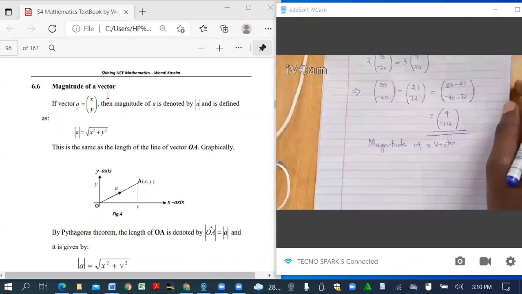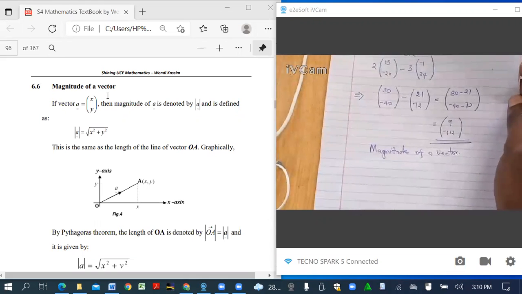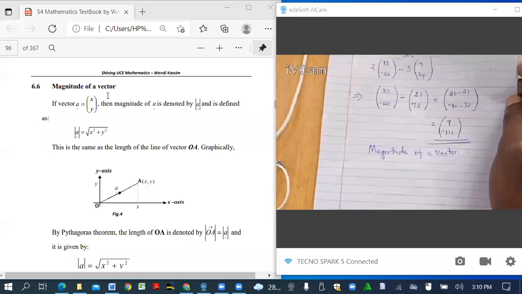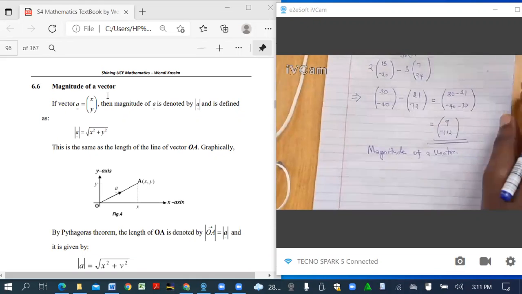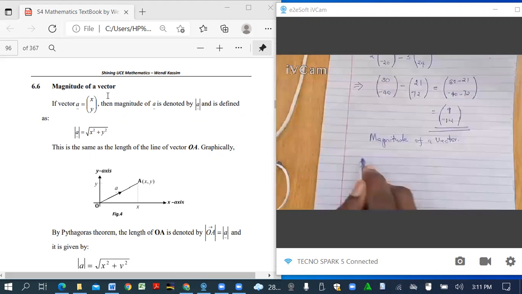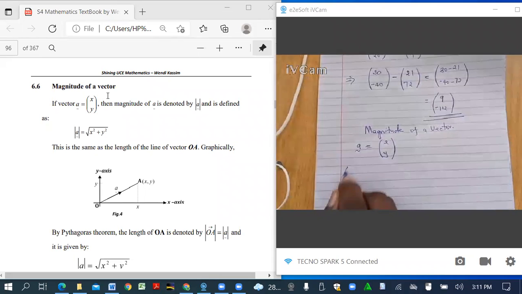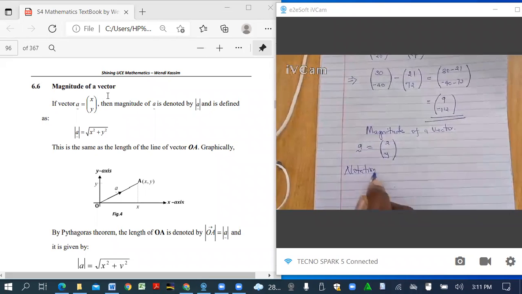Yes, members. When we talk of a magnitude of a vector, we mean the size of that vector. If we have a vector A, which is given by x, y, then the magnitude of that vector is denoted by the notation A with two bars.